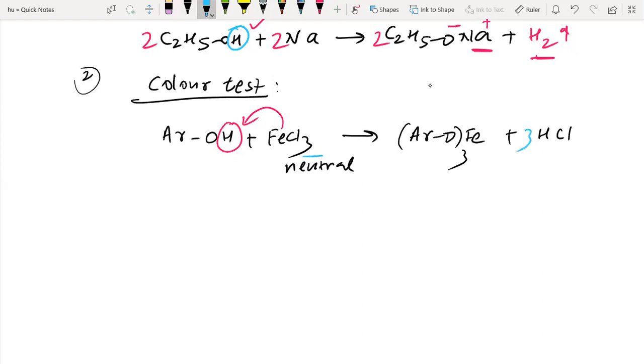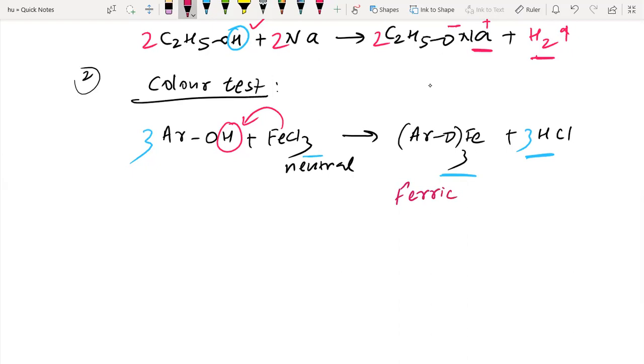To balance, if you check this hydrogen 3 or ArO thrice, we have to put 3 molecules of ArOH. So the product which is formed here is ferric, and generally if there is a phenyl group, we say phenoxide.